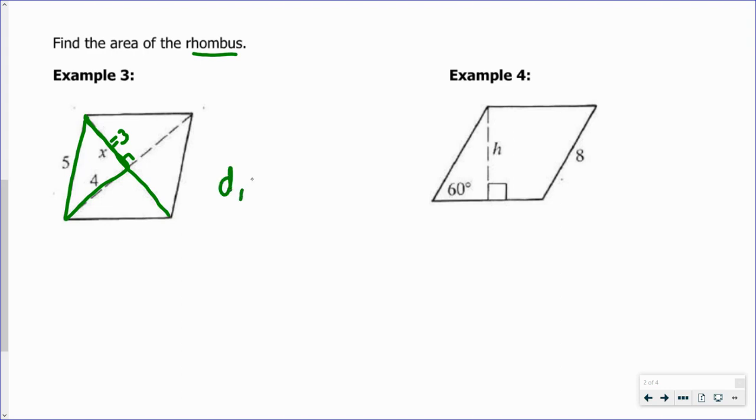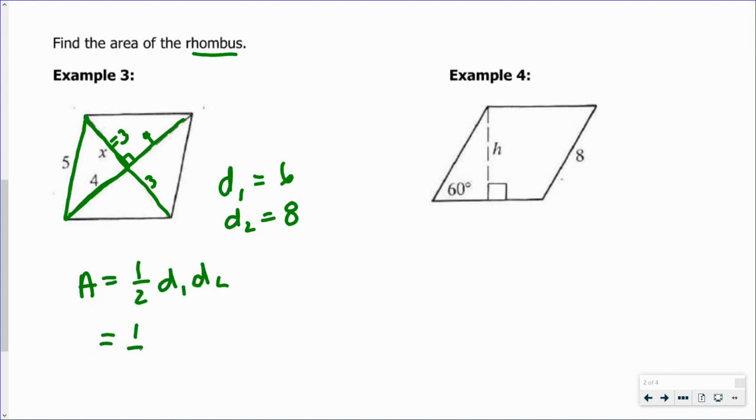So one diagonal has to be 6 units because this is also 3. Now the second diagonal, again, that part has to be 4, so diagonal 2 has to be 8. So the whole area for this is 1/2 D1 D2. So D1 is 6, D2 is 8.